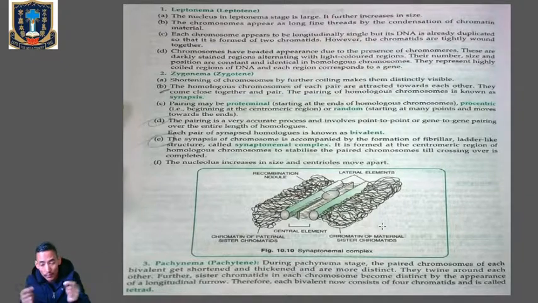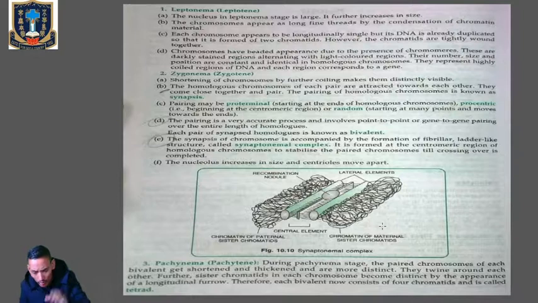So during leptotene the chromosomes start to appear under the light microscope, and compaction occurs throughout. Stage number 2 is zygonema or zygotene.